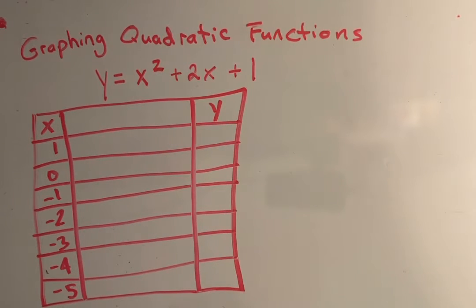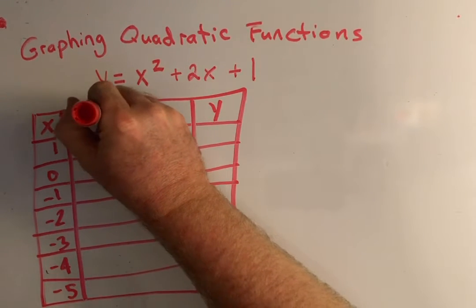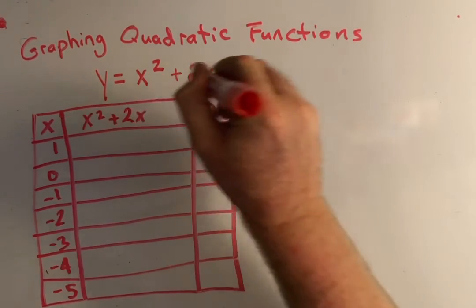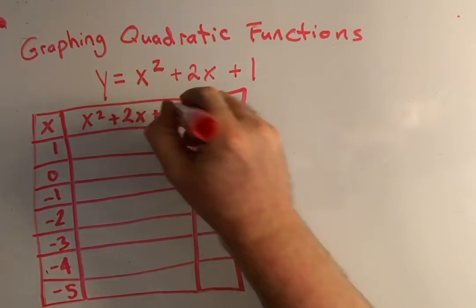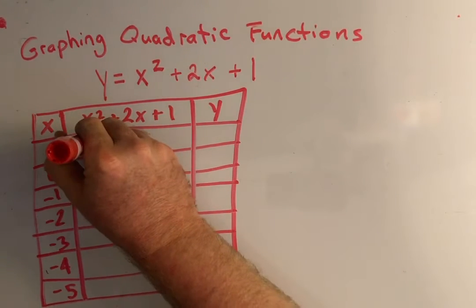So you'll kind of luck out there. All right, so we're going to do x squared plus 2x plus 1.